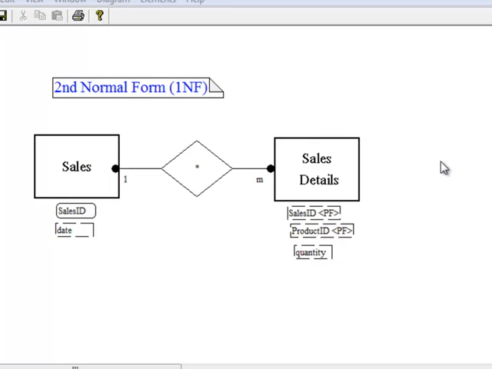Because when we sell a product at a certain price, you'd expect that to be in the invoice. You wouldn't expect that to be in the product table. It could be, but you wouldn't expect that. You'd expect it anyway in the invoice. And you'd also expect other things in the invoice which are not shown there.